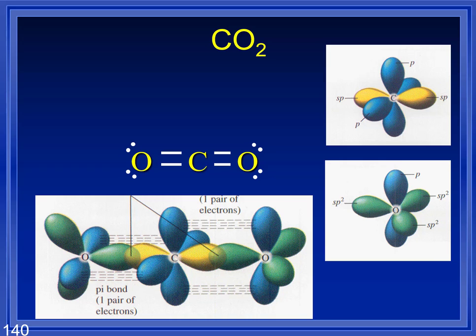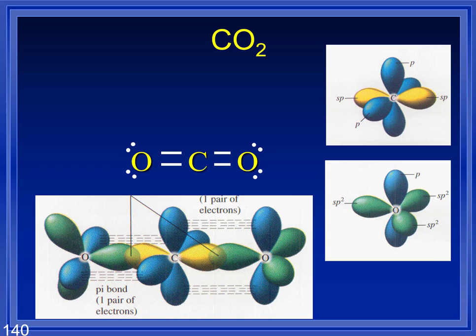Keep going. Okay, so we look at CO2. We've drawn CO2 a bunch of times. But let's think about what the carbon's like. The carbon has 2 atoms and no lone pair. The carbon has made 2 pi bonds.